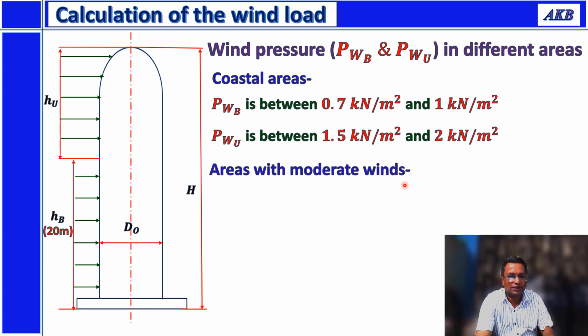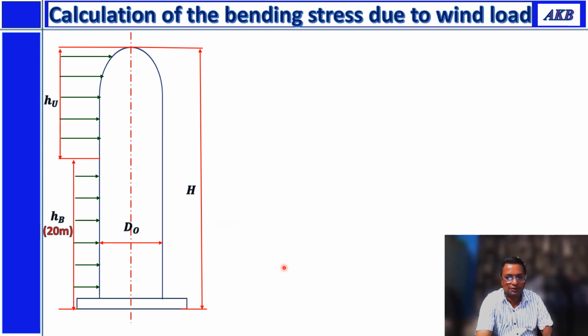In areas where there are moderate winds, wind pressure acting at the bottom is 0.4 kilonewton per meter square, and wind pressure acting on the top is 1 kilonewton per meter square. So these are the values of wind pressure in different areas.